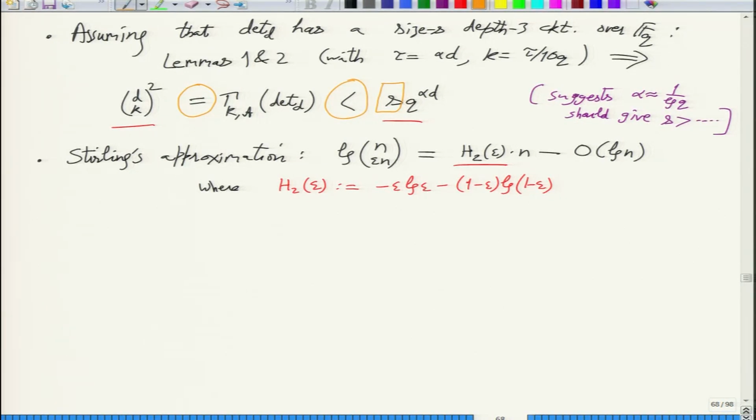using Stirling's approximation. So log of n choose epsilon n is essentially a multiple of n, where the multiplier is the entropy function.